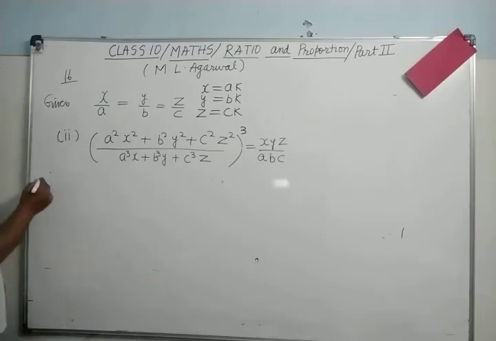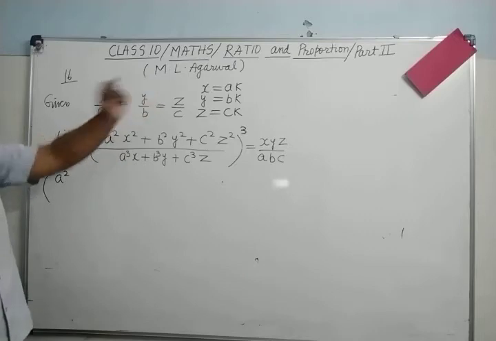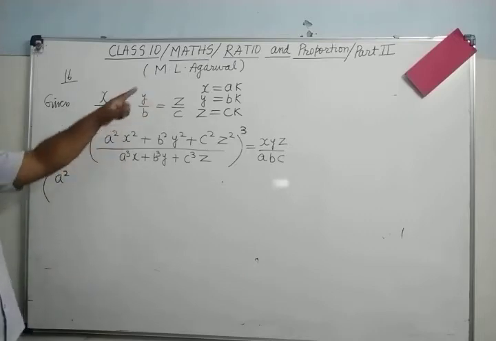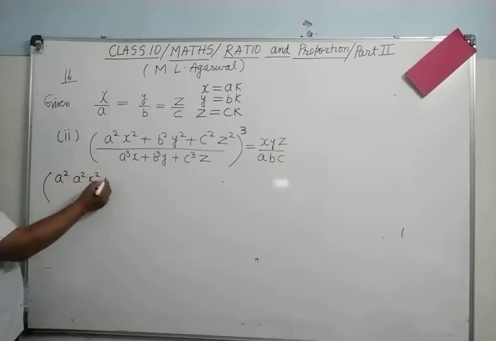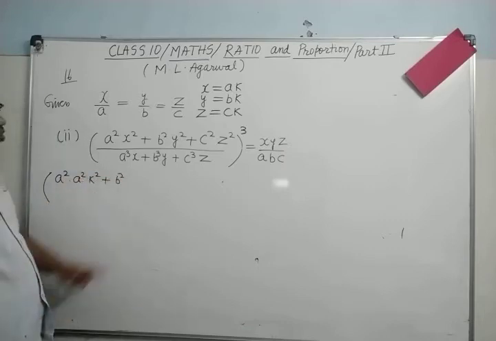So you write a square, and x equals ak, so x square is a square k square, plus b square, y square.